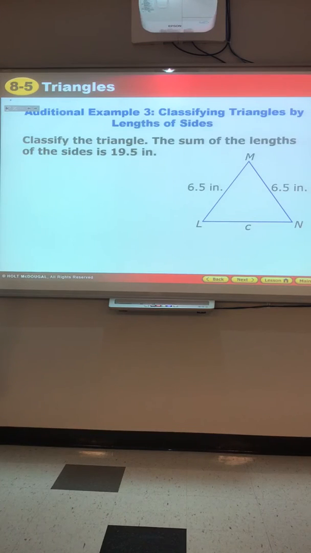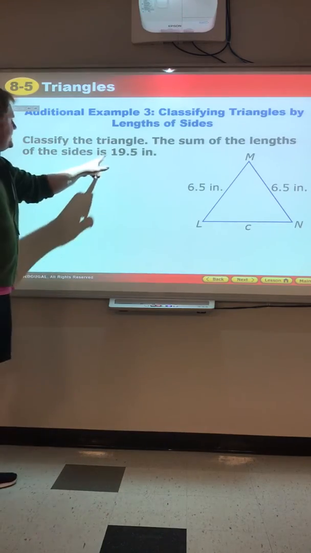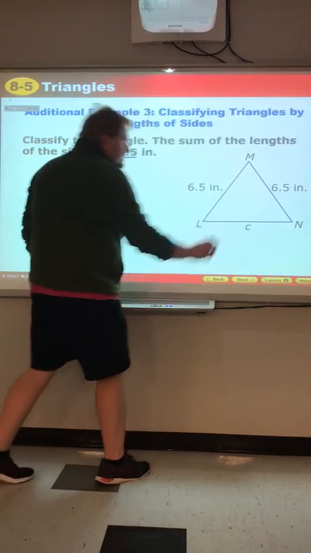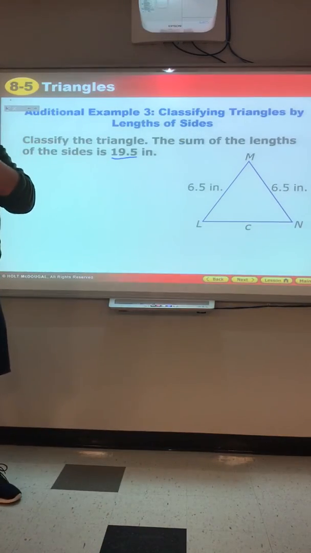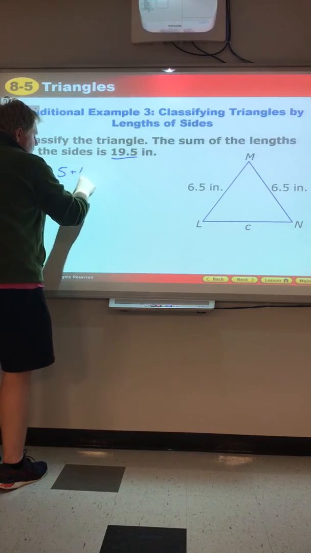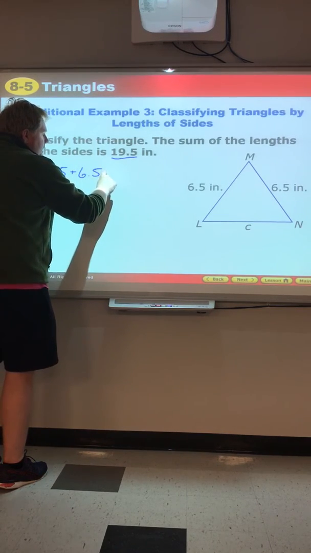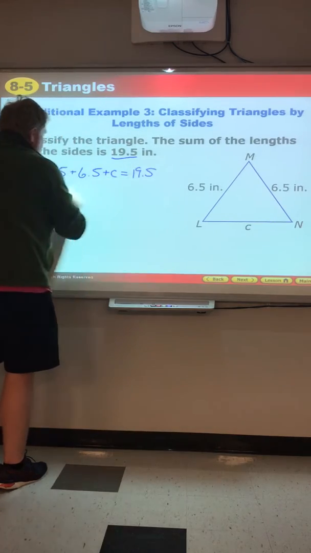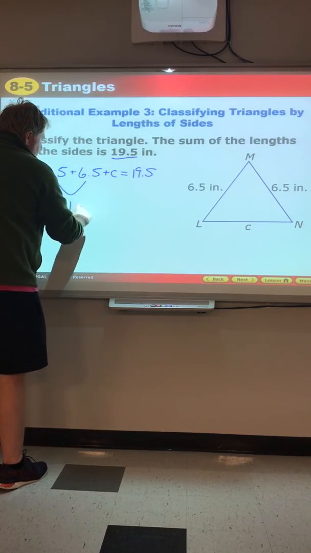So now, let's classify the triangle. The sum of the lengths of the sides is 19.5. So if I add this, and I add this, and I add this, I get 19.5. So 6.5 plus 6.5 plus, we don't know, C equals 19.5. Oh, those two make 13.